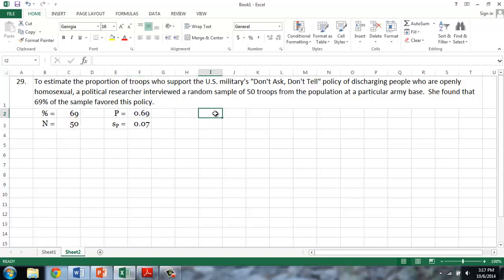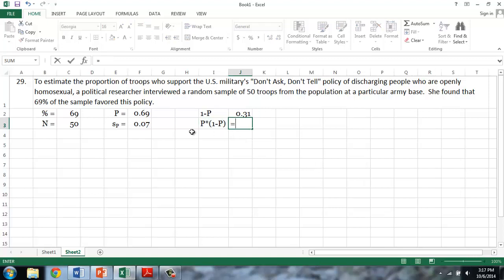You could also do this in steps. For example, you could calculate 1 minus the proportion, then the proportion times 1 minus the proportion, then divide that by n, and then finally take the square root.